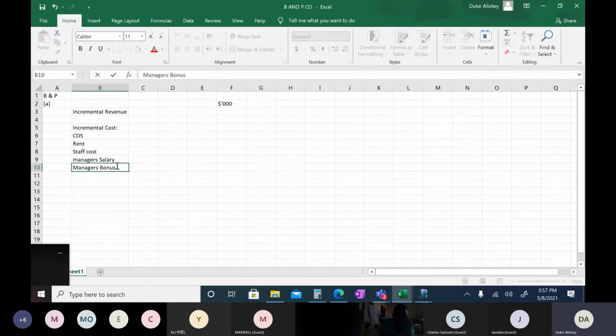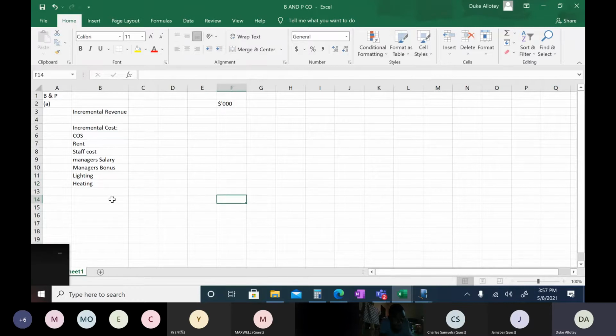Okay, I'm told he gets 1% of this. There is rent, lighting, heating, okay, and then I can get the total incremental cost and then make a decision on that. So at least I want to make sure I have this in place before I do any workings.